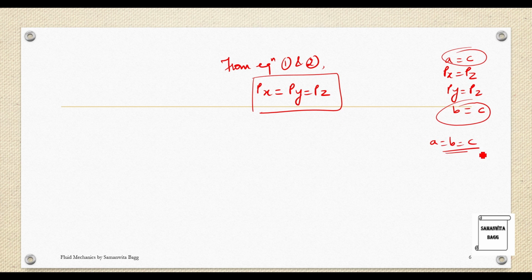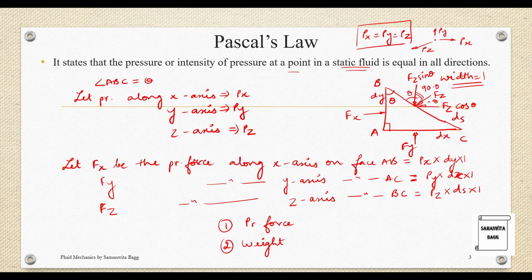This is a law of mathematics. So that's how you will prove that the intensity of pressure at a particular point in a static fluid will be same in all directions, which is the statement of Pascal's law. The pressure needs to be proved equal in all the directions.